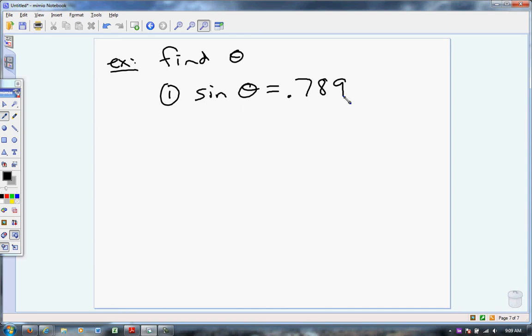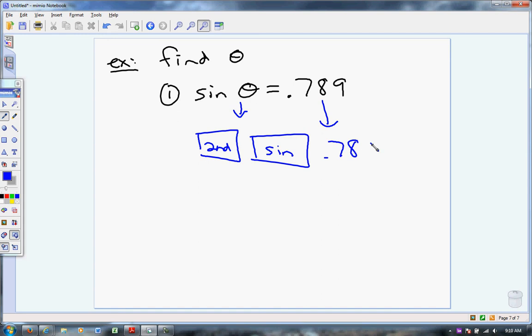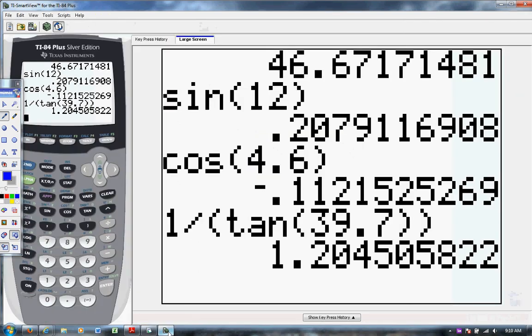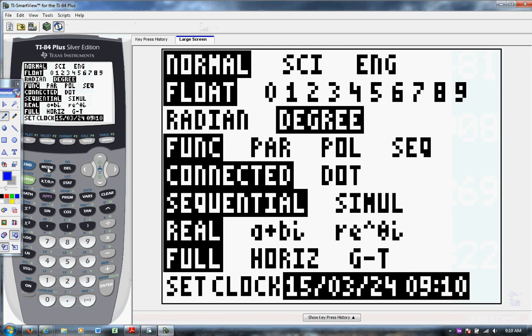So if I want to find theta on my calculator, I'm going to use second sine of 0.789. Now, you better know which mode you're in before you start, because that's the answer you're going to get. All right? So, which mode am I in? I'm in degree mode, so my answer will be in degrees.